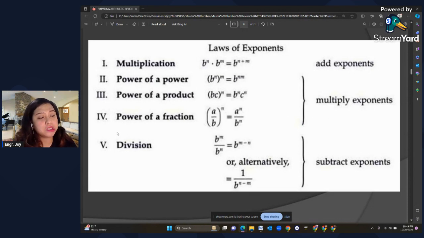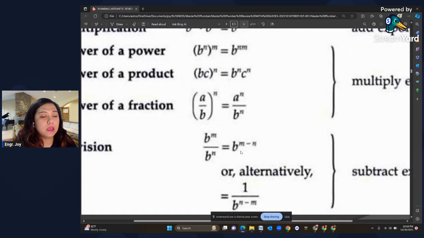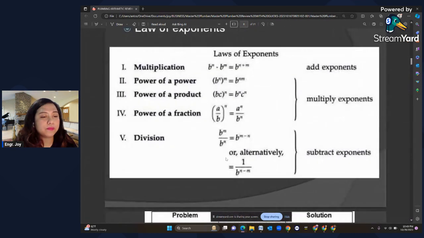Multiply exponents. And divisions, it's b raised to m over b raised to n is equals to b raised to m minus n. Or alternatively, it's 1 over b raised to n minus m. Pero much better gamitin to, guys, mas madali siya.